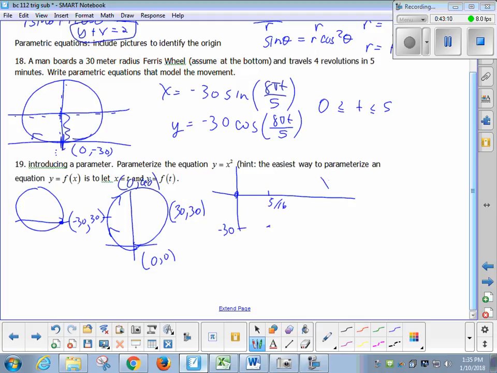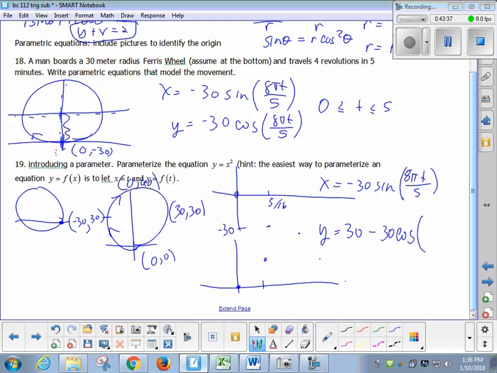In that case, x is going to be negative 30 sine 8 pi t over 5. Y, however, will be different. Y will be 0, 30, 60. So y would be 30 minus 30 cosine 8 pi t over 5.